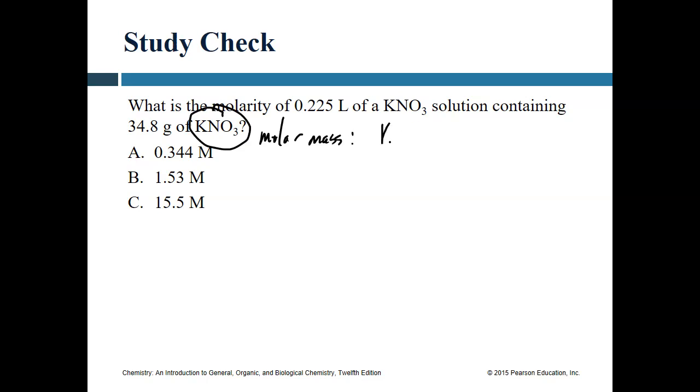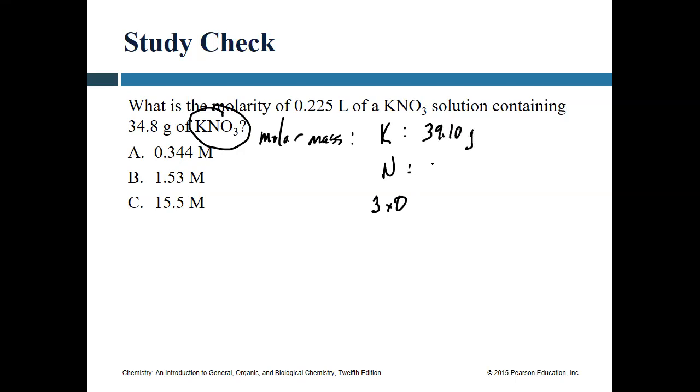So I've got potassium, I've got nitrogen, and I've got 3 oxygens. For potassium, 39.10 grams.